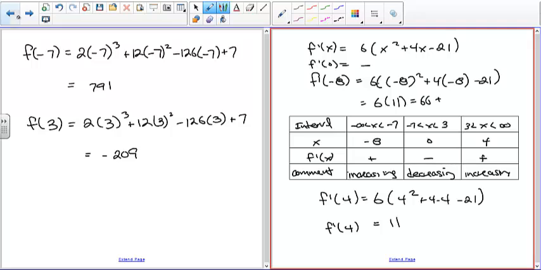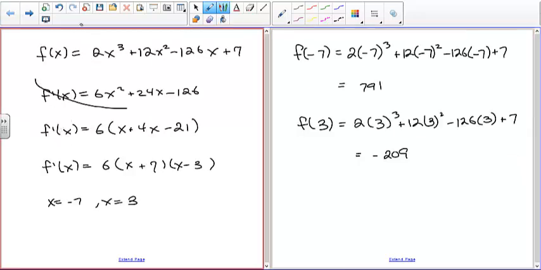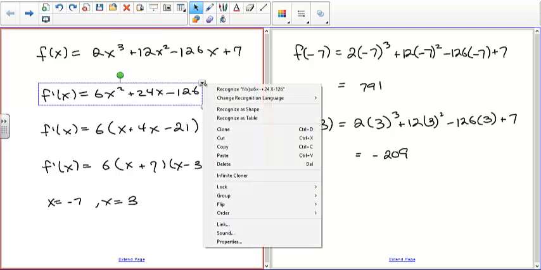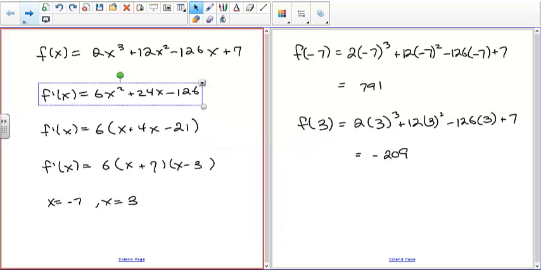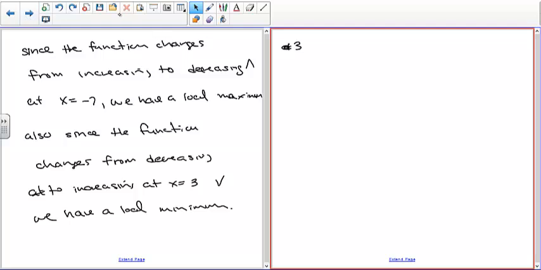So here we have the first derivative. So I'm going to copy this. This is right after you take the first derivative, before you factor it, and before you factor some number out, if possible. Okay.